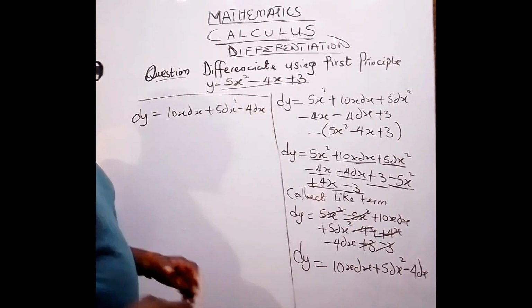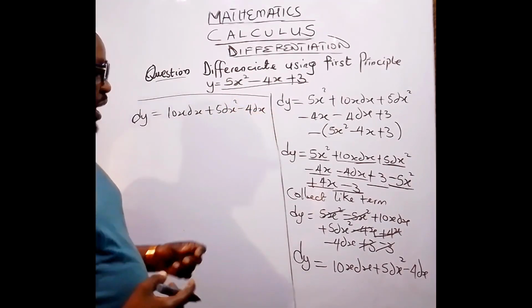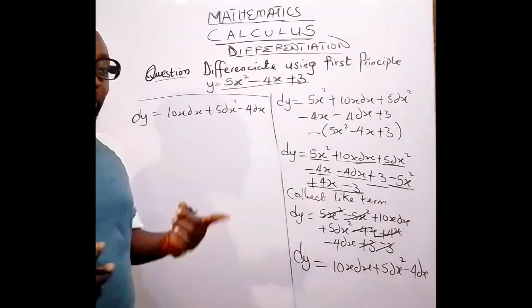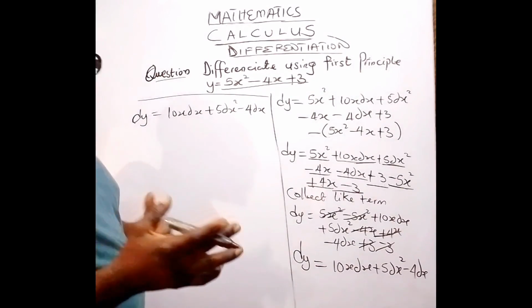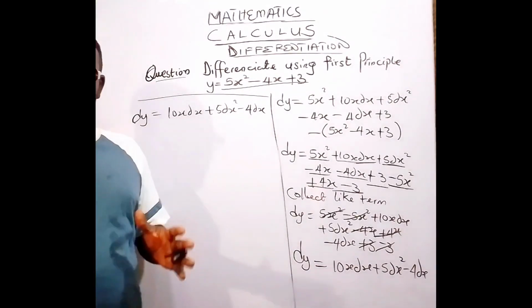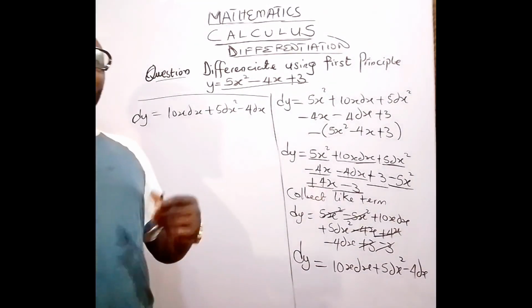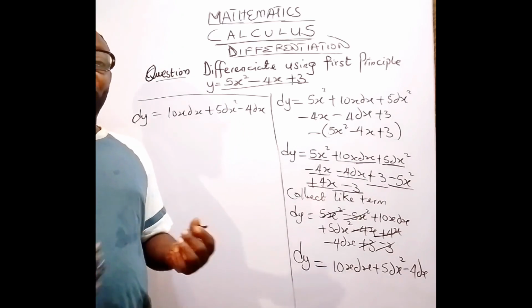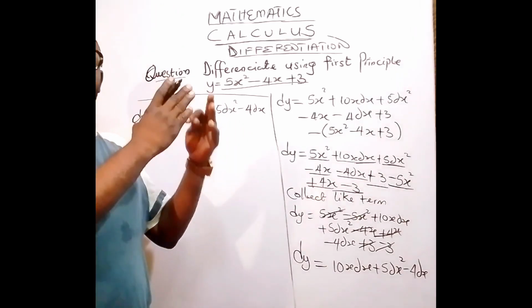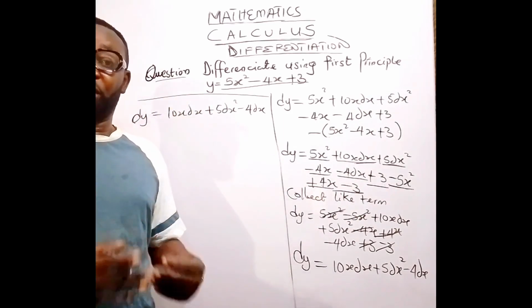Now, at this stage, what we are asked to find is dy/dx. So you can now say dy/dx will be equal to this value. Now, for us to be able to say that, you will say divide through by dx, because what we are trying to look at is the ratio of the change in y-axis compared to change in x-axis.